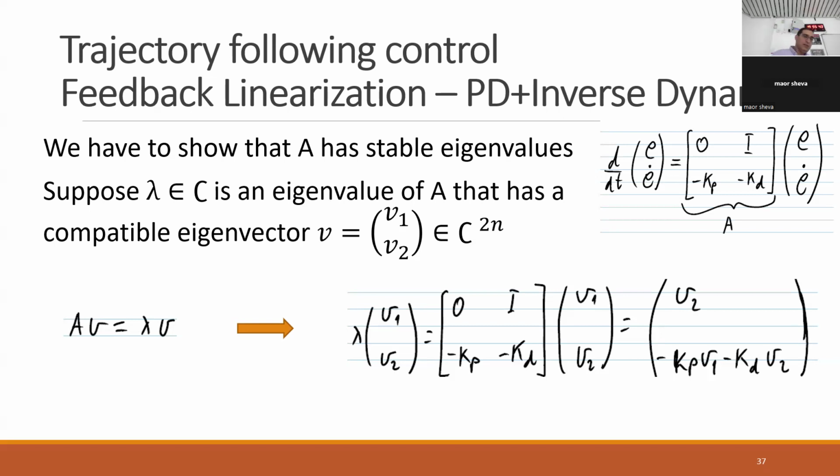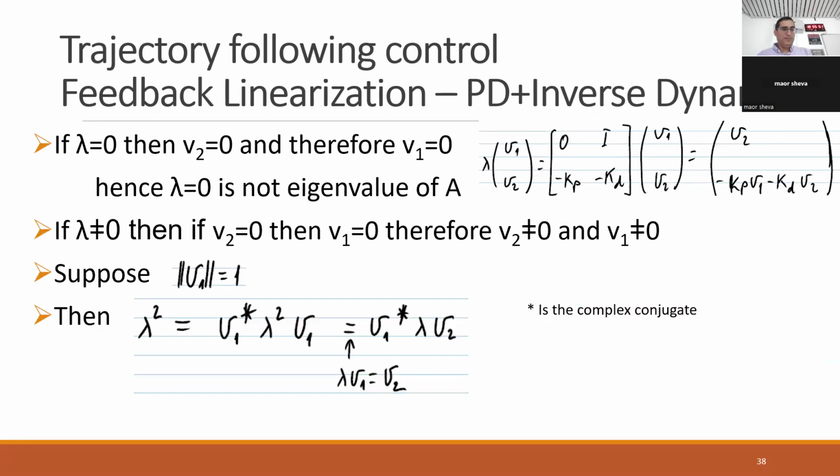Now, this is for any eigenvalue and eigenvector of A. So now, let's assume that lambda is 0. If lambda is 0, then we have lambda V1 equals V2.